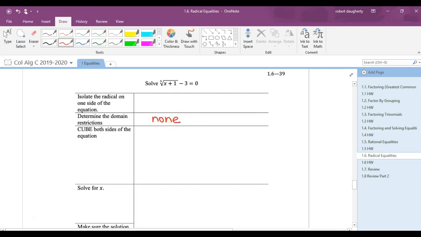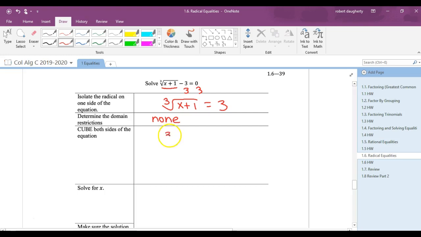I want to isolate, how can I get this by itself? How can I get that cube root by itself? Yeah, first step, add 3 to both sides. So I get the cube root of x plus 1 equal 3. Now, I am not going to square both sides of this equation. Why am I not going to square both sides? It's a cube root. What am I going to do? I'm going to cube both sides.